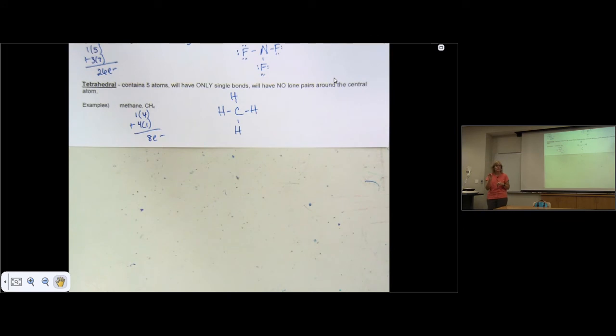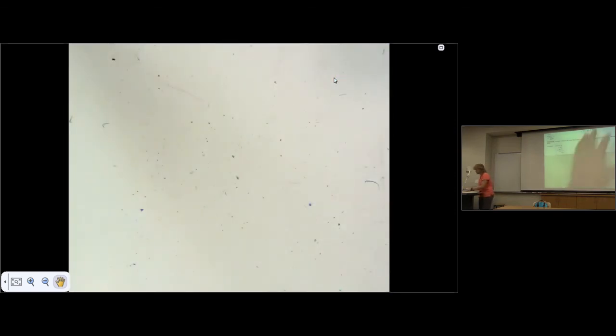OCN is another one. So try some of those, and I think it will help you if you do a few on your own like that. The central atom, it's on your rules sheet, but it's the least electronegative. Carbon, if it's involved, usually will be a central atom. Carbon's usually the central atom, if it's in there at all.